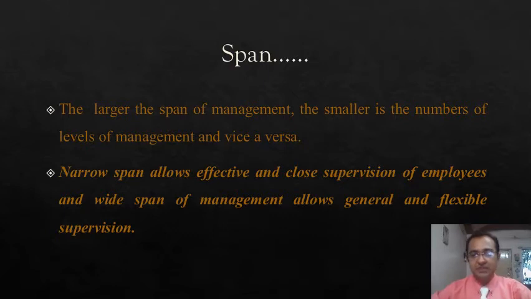So effective and close supervision is possible. Whereas in wide span of management, there is general and flexible supervision, because the manager manages many workers or subordinates under him.